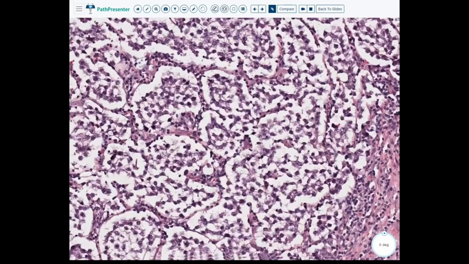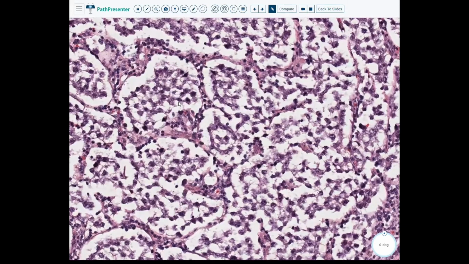And the cells themselves, I think there's some retraction. The cells are somewhat monotonous, even though they're large. Not seeing things that look really atypical.